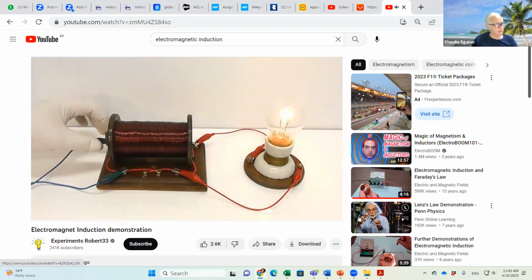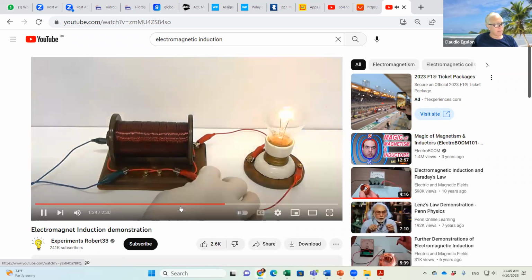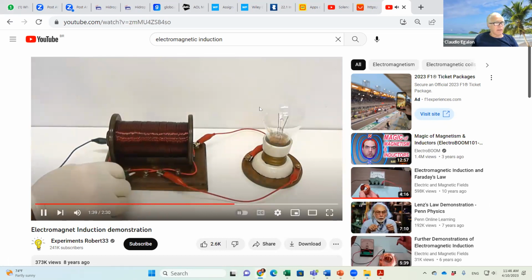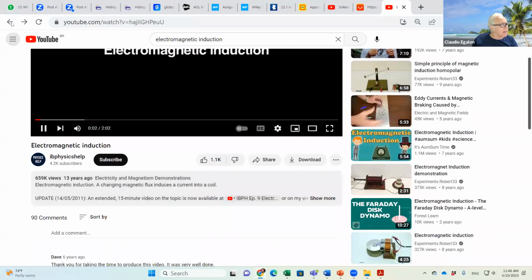This is a magnet indeed. Whoa. Oh, it's more than a magnet. This thing is more like an electromagnet. You can see that the current increased, right? So let's skip this one. We have another one I see.